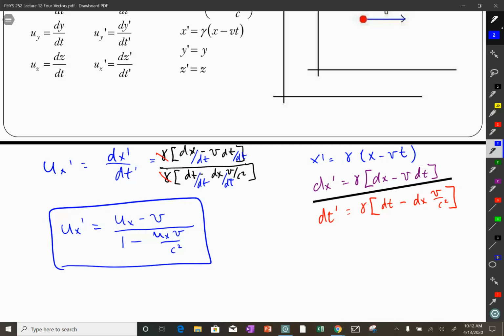addition of velocities, as you have the velocity of your reference frame and the velocity of the object.